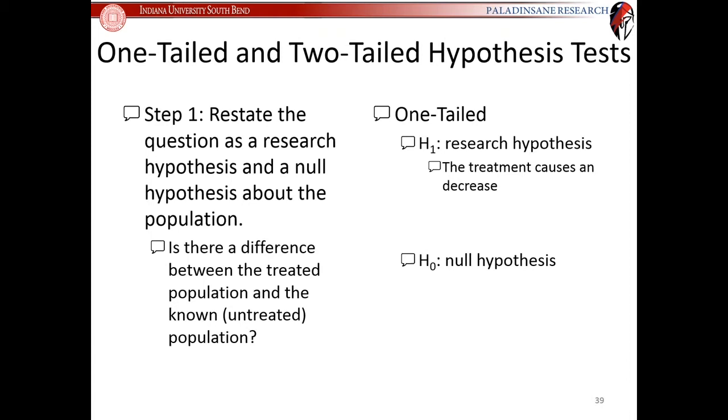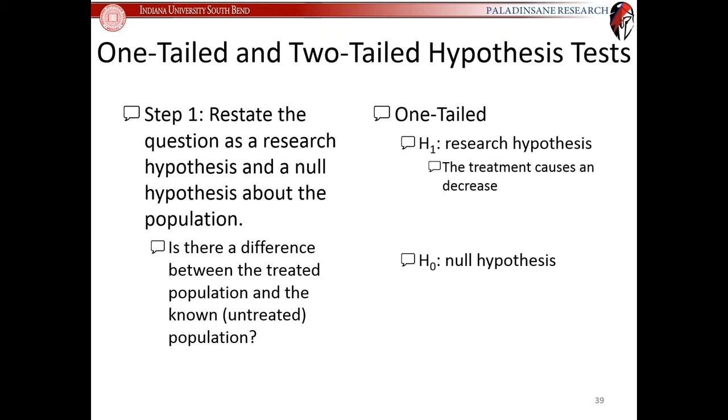Did our treatment decrease distractibility? Did our treatment decrease social anxiety, right? So there are a lot of behaviors that we want to decrease. We would test with a one-directional, one-tailed hypothesis. So if the treatment causes a decrease, that's your research hypothesis, that's what you're looking for.